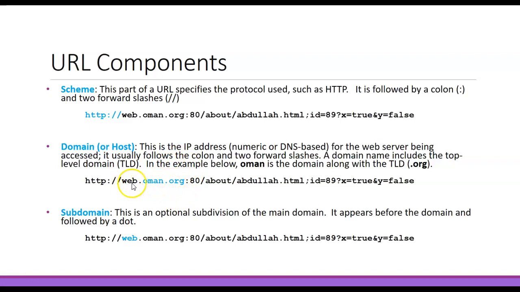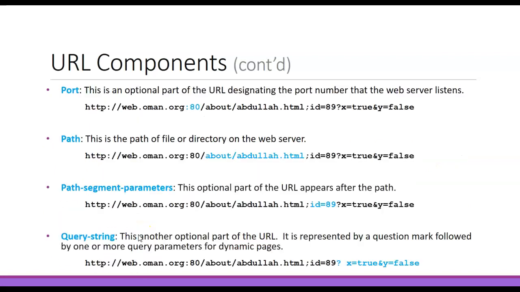Before this domain part, we have something called a subdomain, which is here in this example web. A subdomain is an optional subdivision of the main domain. So we have a big domain. It might be divided into subdomains, smaller domains, and the subdomains are put before the domain itself. Okay.